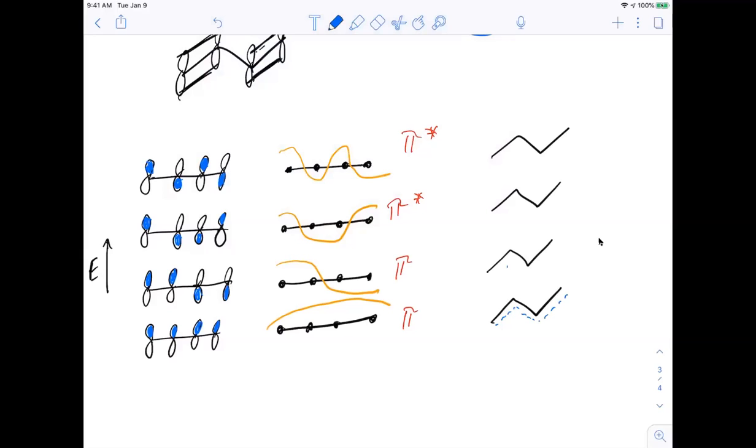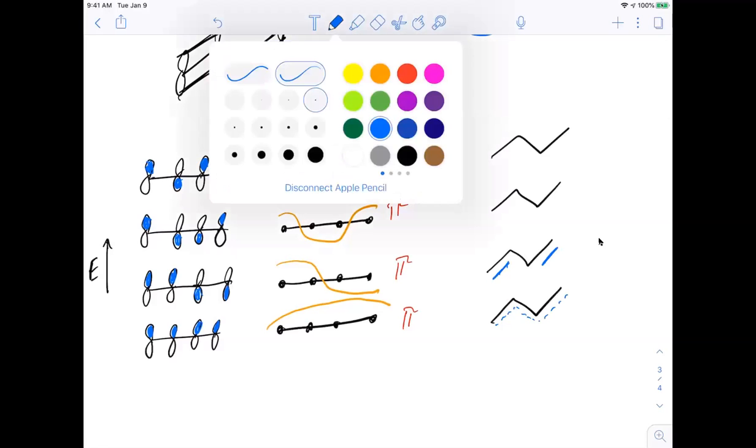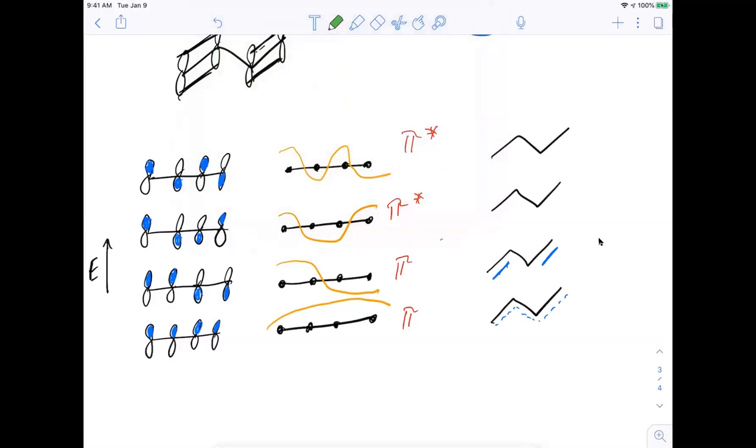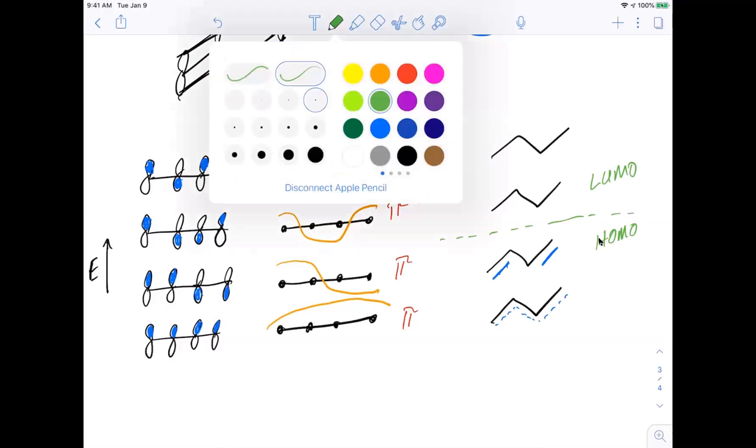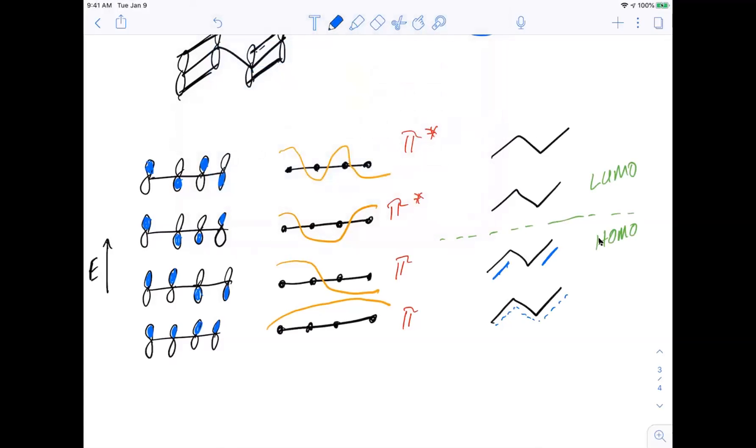And then the second one here looks like this one, which is what we show our molecule as.